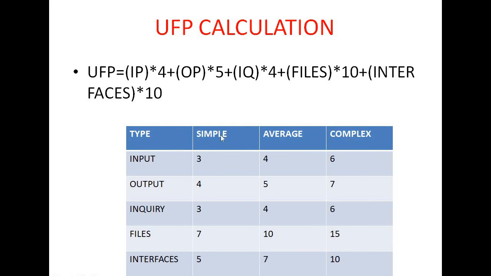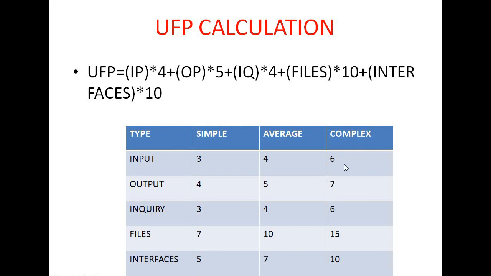Okay. See, for simple, number of input is 3, output is 4, inquiry is 3, files are 7, interfaces is 5. For average, number of input is 4, number of output is 5, number of enquiry is 4, number of files is 10, number of interfaces is 7.